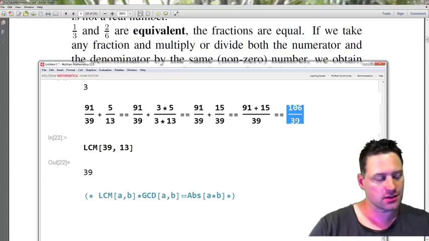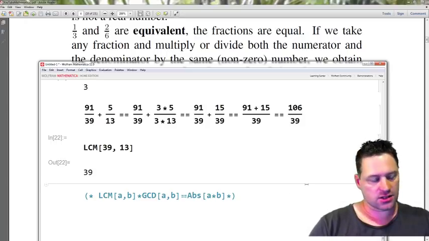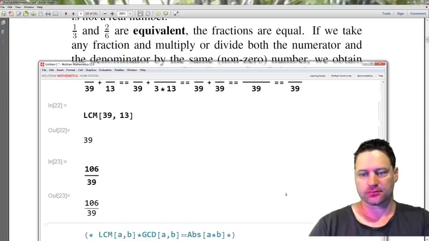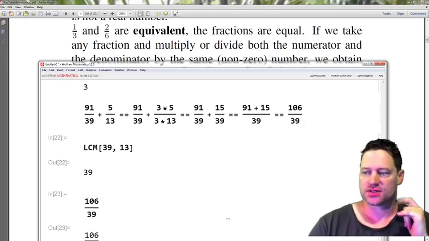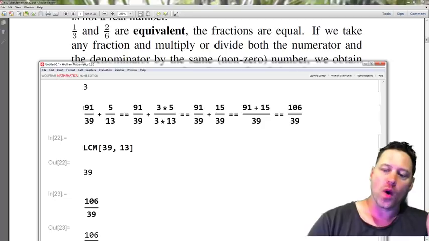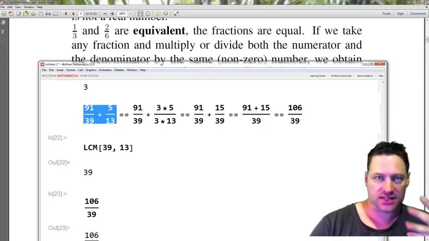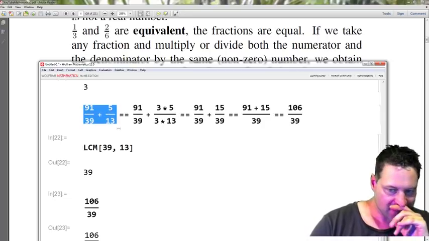But let's just check in Mathematica. Yes, that's reduced. So all good. We have added these two fractions successfully and reduced the result.